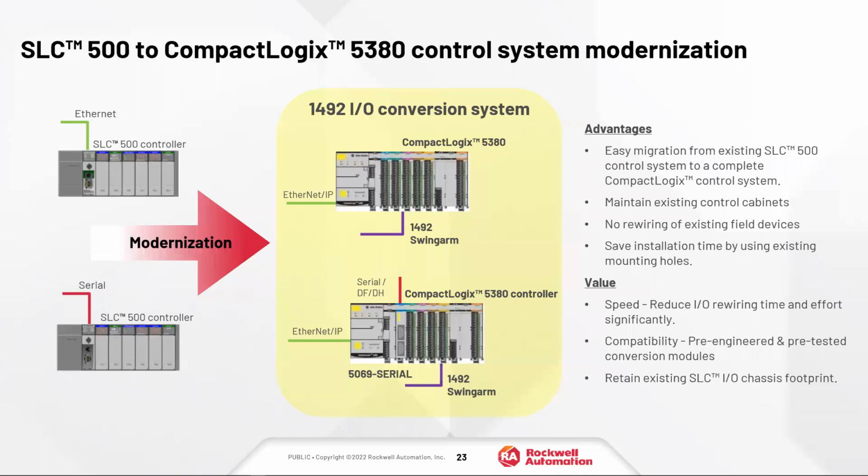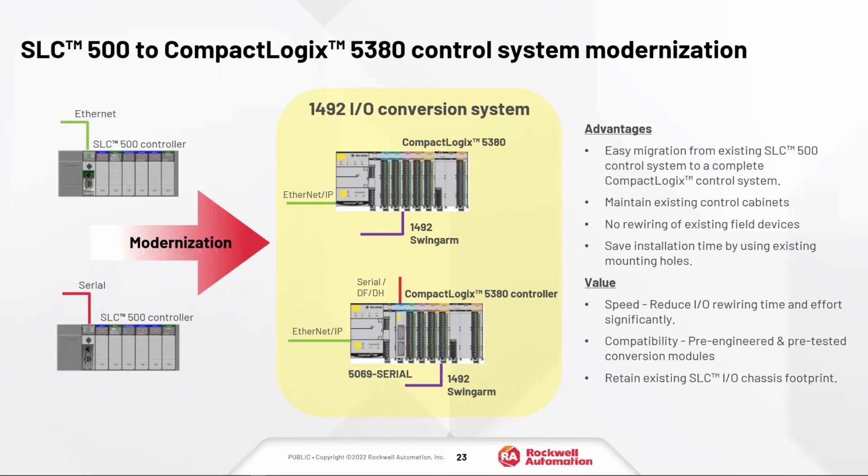So here's what the modernization looks like, more or less. Typically we'll do the 5380, because that's the higher performance CompactLogix, and that's where we've created the swing arm for. But if you had another reason to use the 5370, you could. This is just going to be our top recommendation.